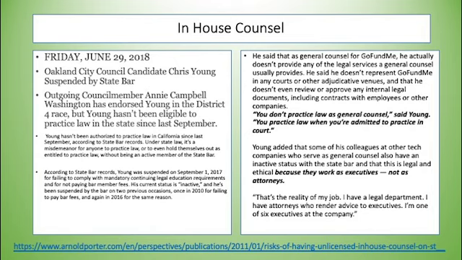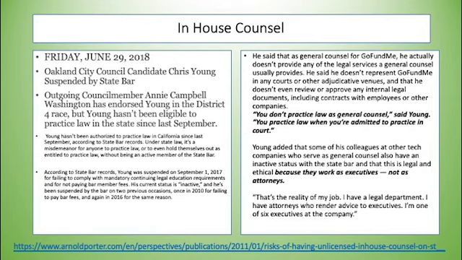He was not authorized to practice law in California under state bar records. Under state law, it's a misdemeanor for anyone to practice law or even hold themselves out as entitled to practice law without being an active member of the state bar. And according to his bar records, Young was suspended on September 1st for failing to comply with mandatory continuing legal education requirements and not paying state bar fees. Current status is inactive.